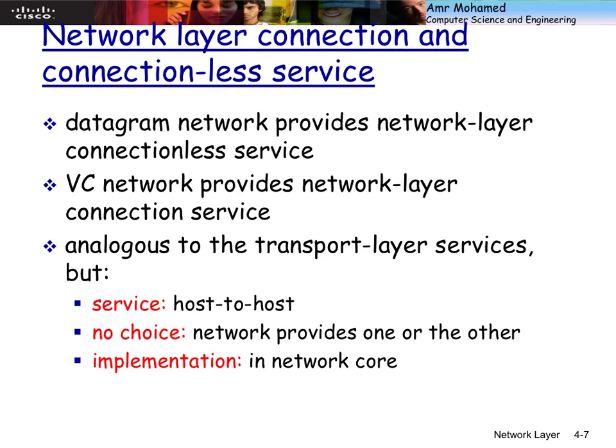The good thing about that, of course, is that once you establish that virtual circuit, the performance is guaranteed, because if you establish that pipe with a specific width and specific bandwidth and everything is established, then it's deterministic.